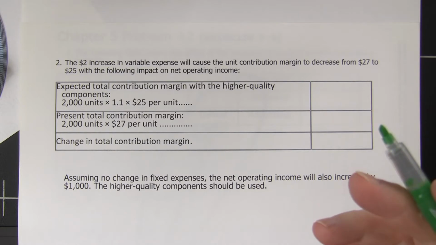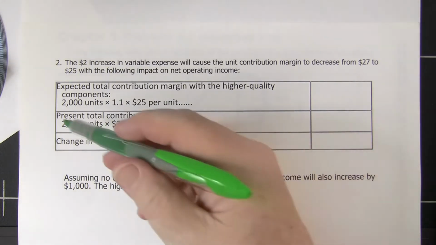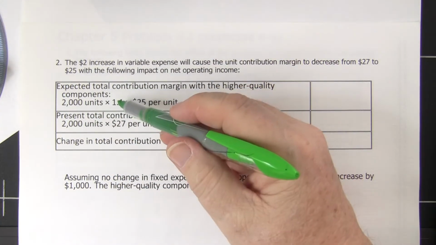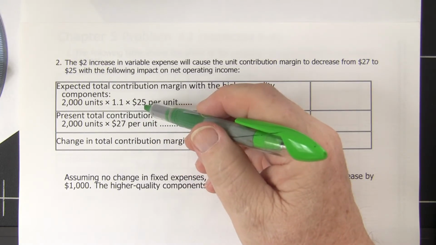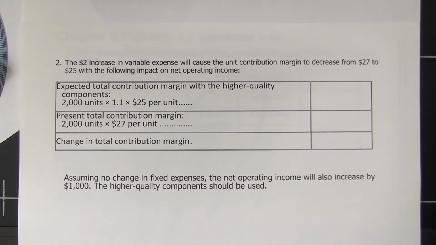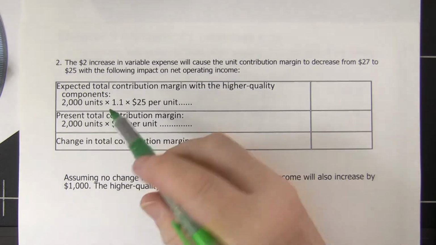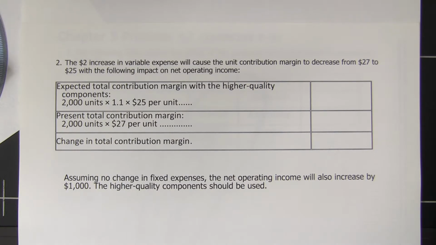I like to do it this way, it's easier. 2,000 units, each unit is going to cost us 110% more. Because that's what they tell us. We're going to increase the units by $2 per unit, right? So the variable expenses are going to go up by $2.